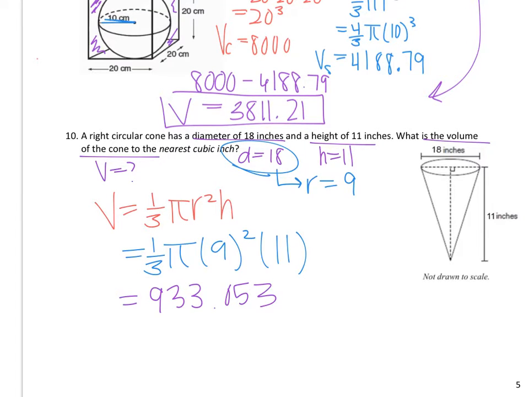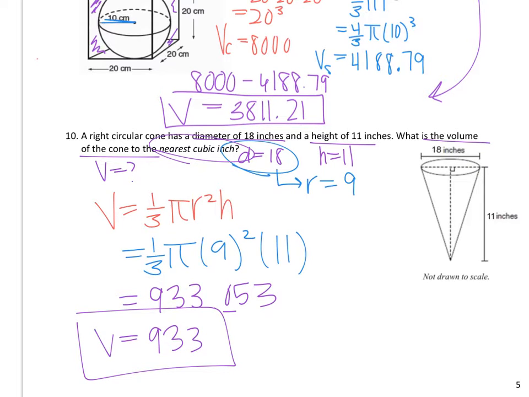We get 933.053. But it does say to round to the nearest cubic inch, meaning a whole number. So chop off that decimal, decide whether you're supposed to keep it at 33 or round up to 34. Because I have a 0 right to the right, that means we keep it at 933.